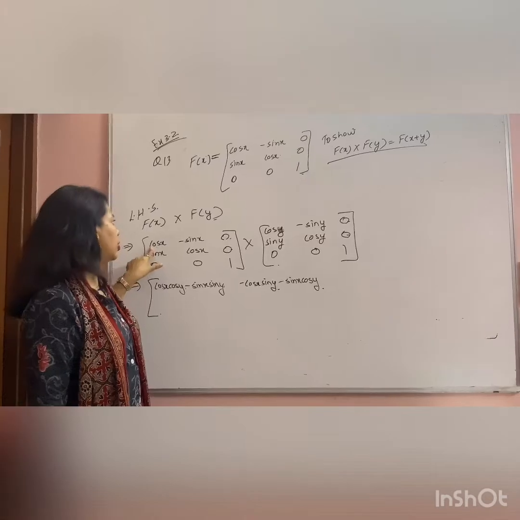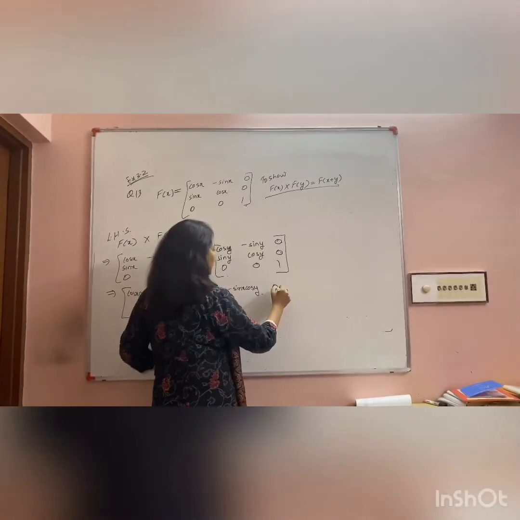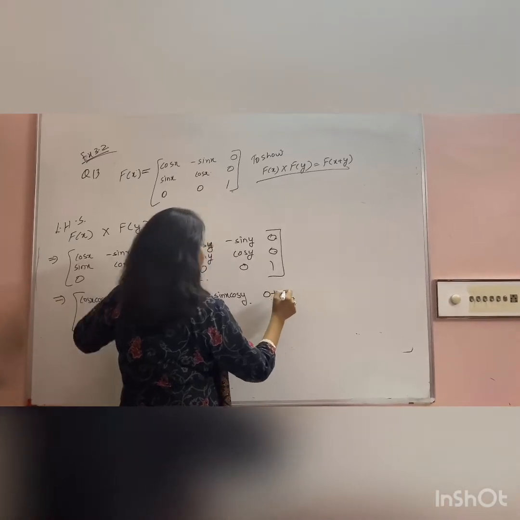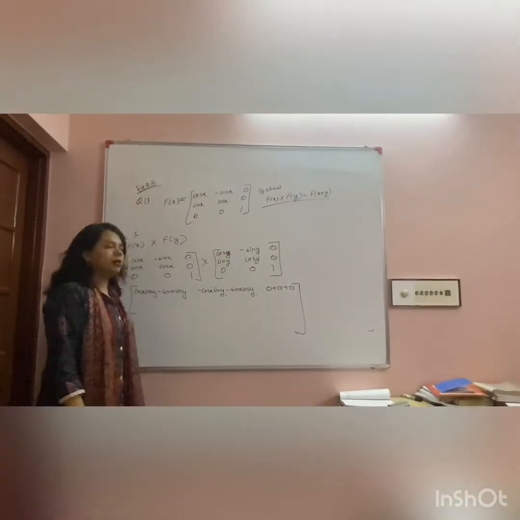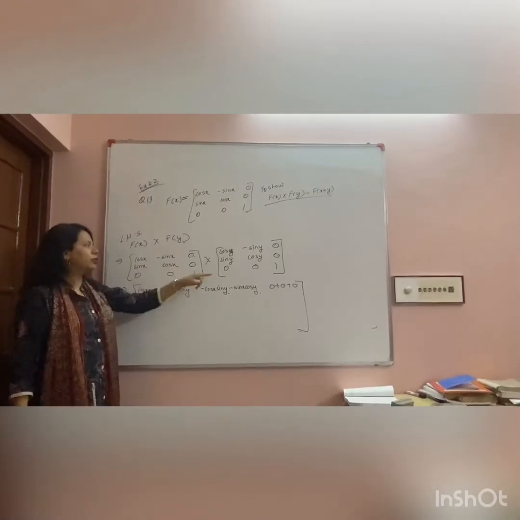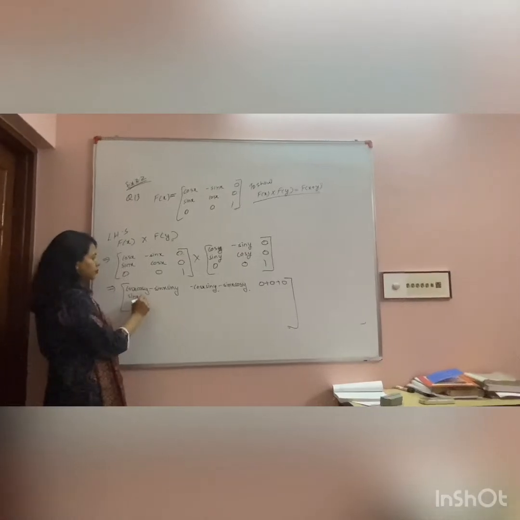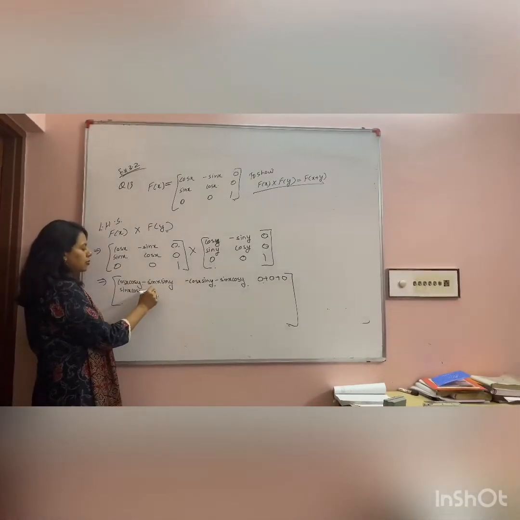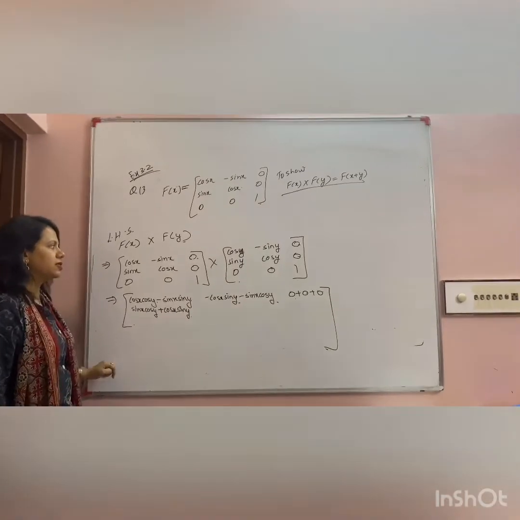Now what? First row, third column. So cos x into 0, minus sin x into 0, plus 0 into 1, which is 0. Second row, first column. So sin x cos y plus cos x sin y, plus 0.